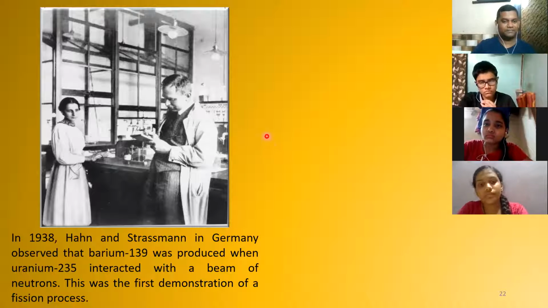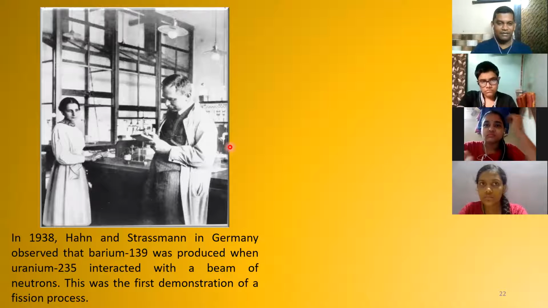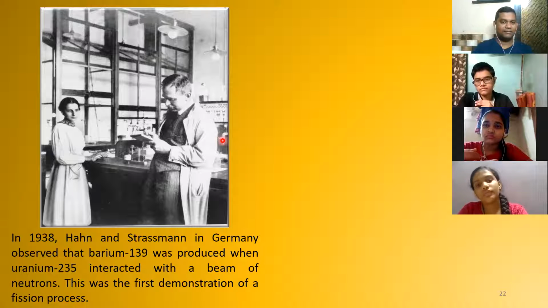Do you know this? When you say atomic number, it means the number of electrons revolving in the orbits, which is the same as the number of protons in the nucleus. And when you say atomic mass, it means the total number of protons and neutrons. Because in an atom, it is ultimately these nucleons, the protons and neutrons, which give mass to the atom.